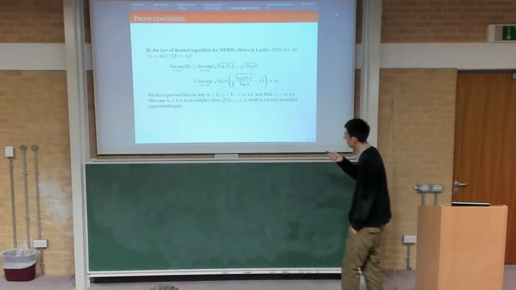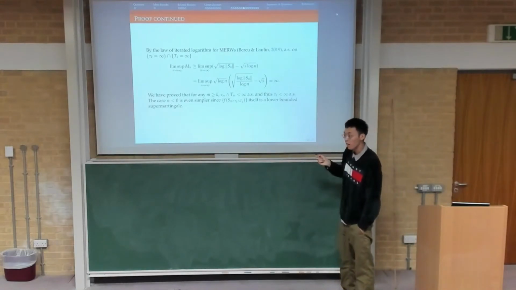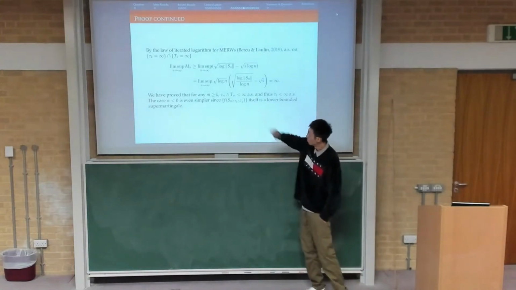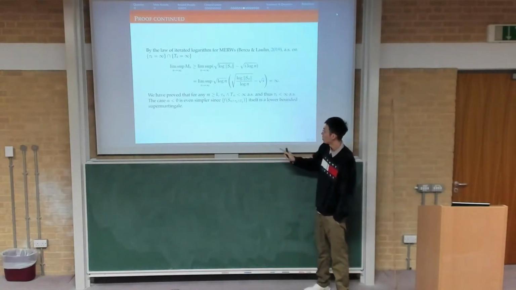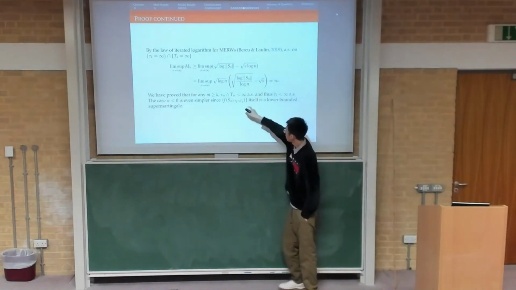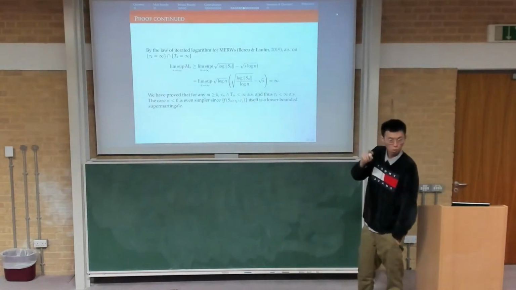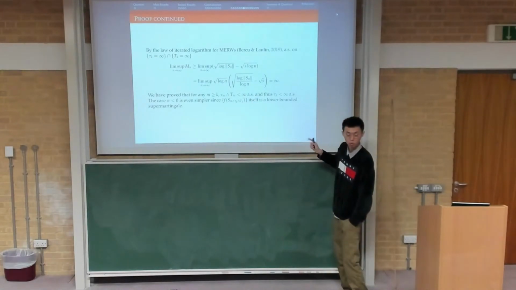So the argument is that on the event that both tau k and tk are infinity, then this supermartingale, the limsup is lower bounded by this. But we know that this term has a limsup of the square root of 1/2, which is greater than the square root of S.